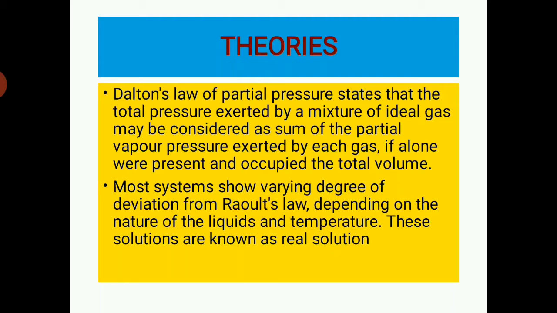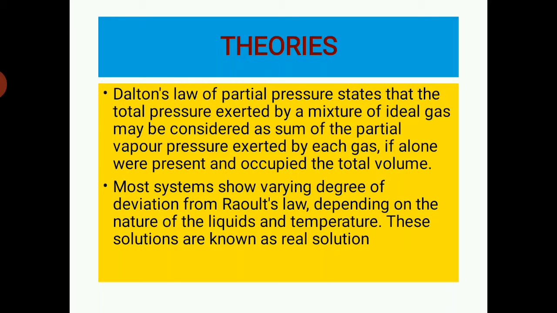Next, we discuss Dalton's law of partial vapor pressure, which states that the total pressure exerted by a mixture of ideal gases may be considered as the sum of the partial pressures exerted by each gas if it alone were present and occupied the total volume.